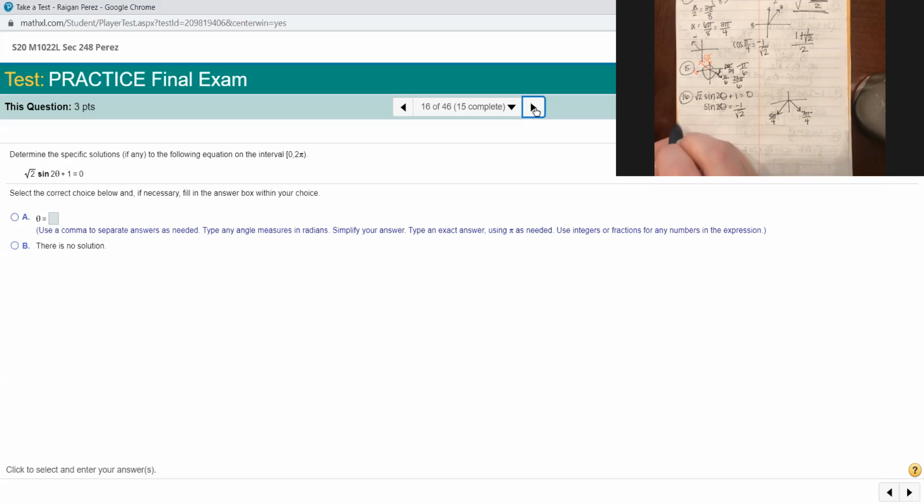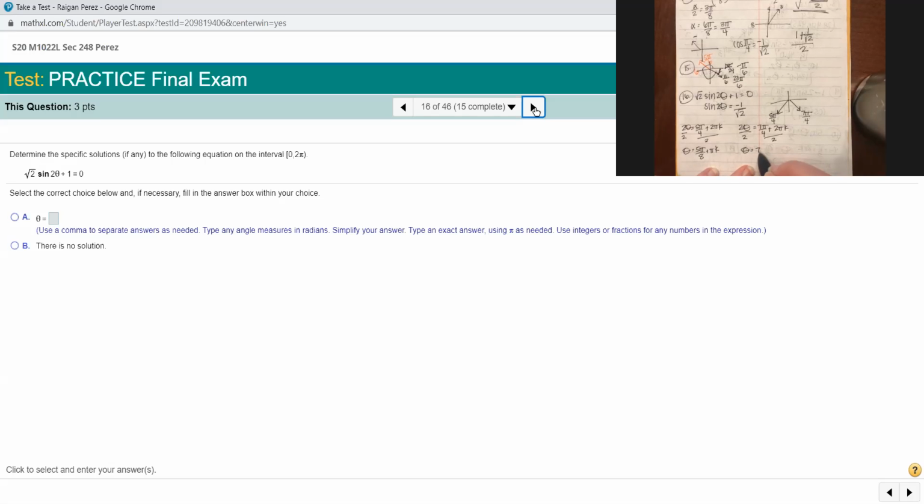So now I have to solve the problems. 2 theta is equal to 5 pi over 4 plus my period, 2 pi k. And then 2 theta is equal to 7 pi over 4 plus my period, 2 pi k. Dividing everything in both problems by 2. So I got theta is equal to 5 pi over 8 plus pi k.